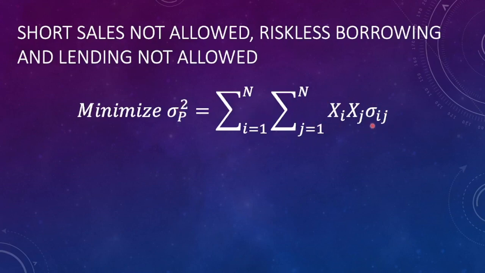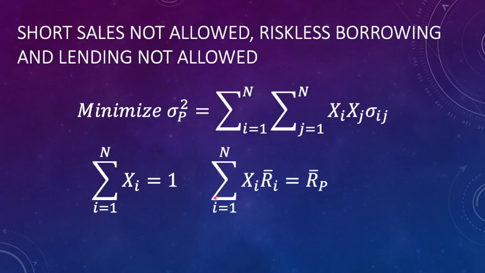Again, it is a quadratic programming kind of objective, because there are multiplications of x variables, so it is not linear in x. And we have our constraints from before: the sum of xi equal to 1, and all xi's greater than or equal to 0.